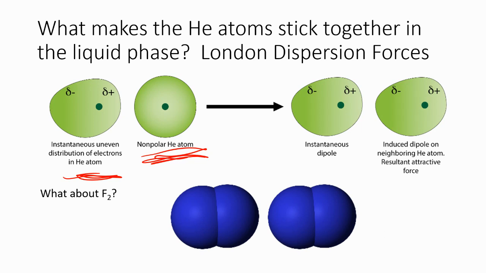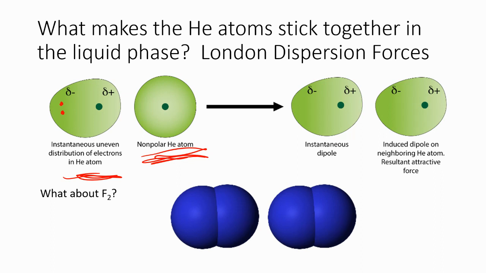You'll notice there's a partial negative charge symbol on the left side of the atom. It's like we're saying that the two electrons, for no apparent reason, showed up on that side of the atom. And for a very brief moment in time, we have an atom which is normally nonpolar that is temporarily polar because the electrons showed up on one side of the atom. That's what's referred to as an instantaneous dipole.